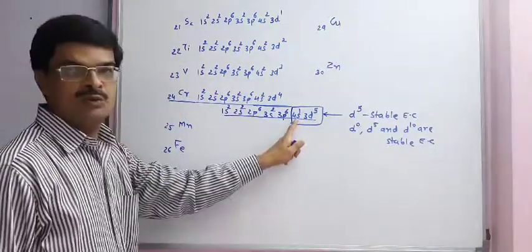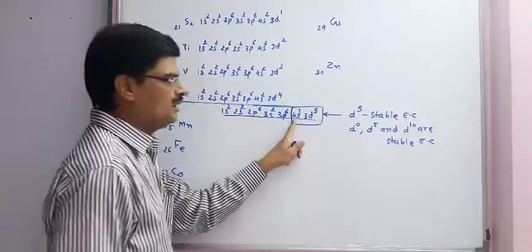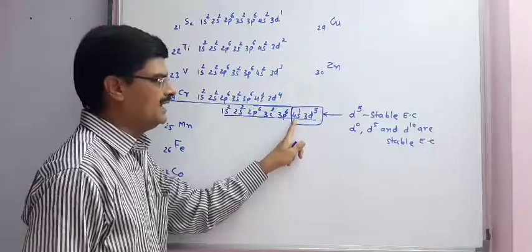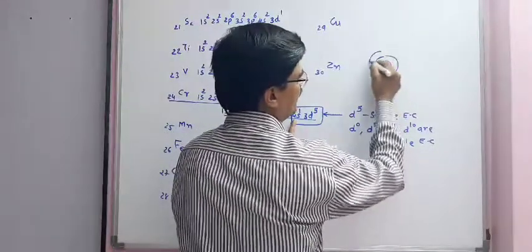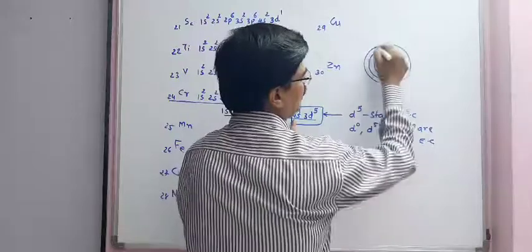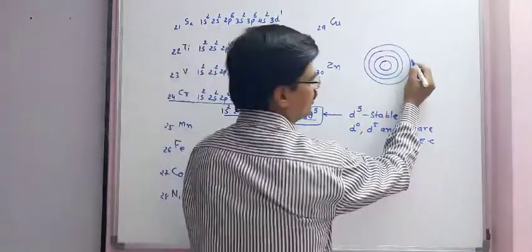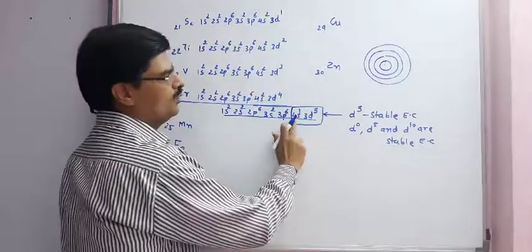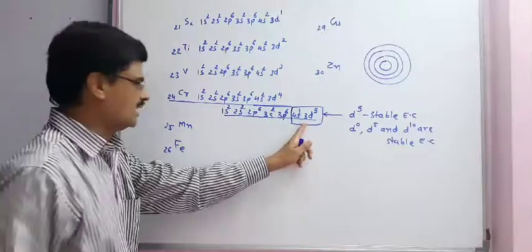Electron will be removed first from 4s orbital because principal quantum number n is equal to 4. So this is first shell, second, third and fourth. So first electron will be removed from 4s orbital and then it will be removed from 3d orbital.